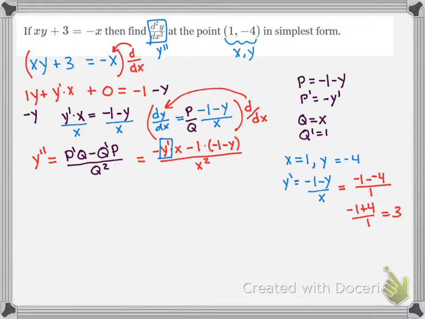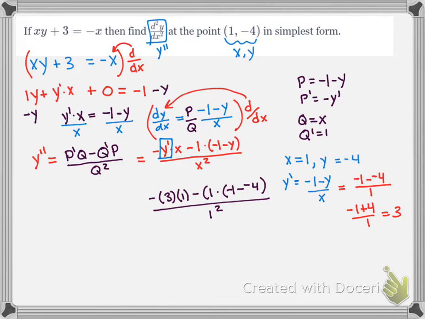So our y prime term will be negative 3 times our x, well, our x is 1, minus 1 times negative 1 minus negative 4, all over 1 squared.